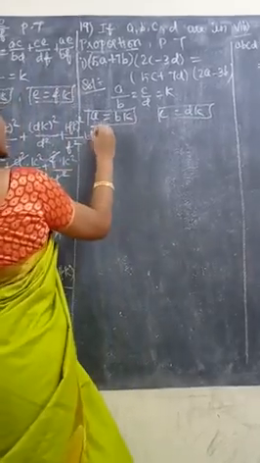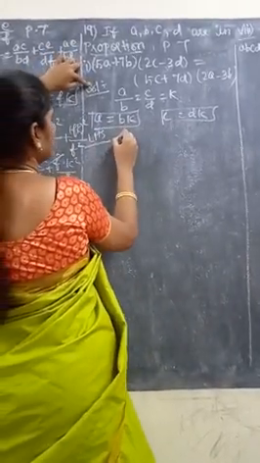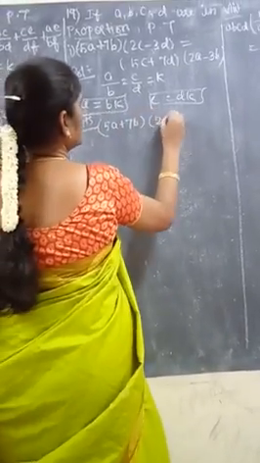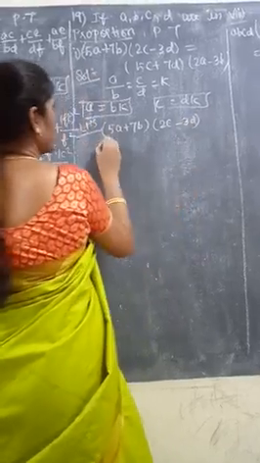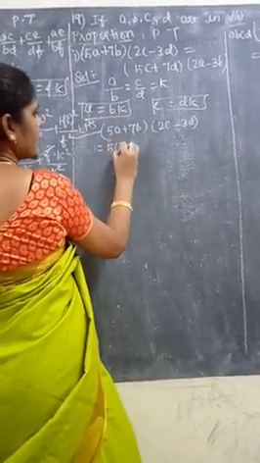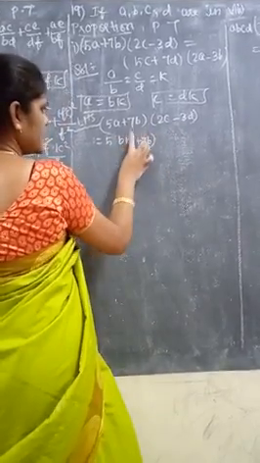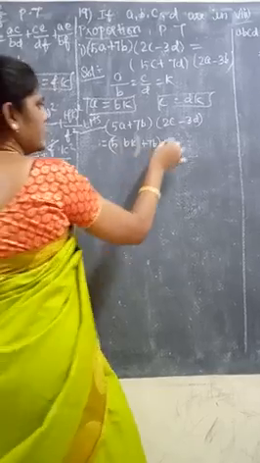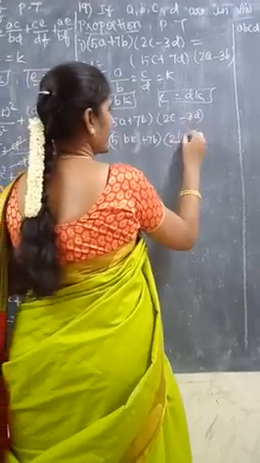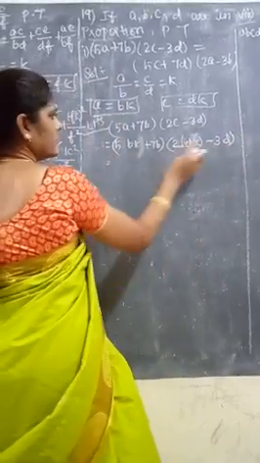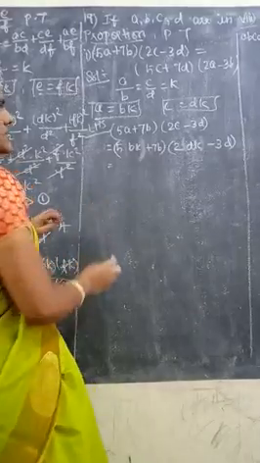Okay. First take the left hand side. What is left hand side? 5A plus 7B into 2C minus 3D. What is A value? BK. So 5BK plus 7B. Into 2 into what is C value? DK minus 3D. Next, listen.